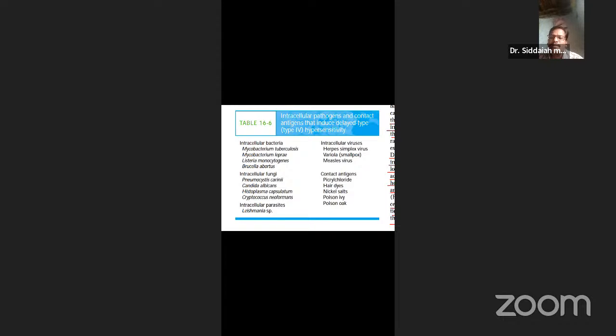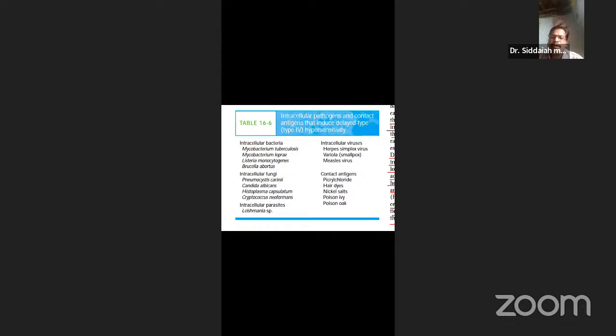And some of the viruses, herpes simplex virus, also induce hypersensitive reaction 4. And variola, that is smallpox, is also an example for hypersensitivity 4 reaction. Measles virus also has the capacity to induce the fourth type of hypersensitivity.